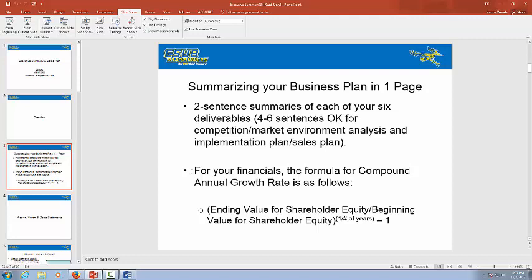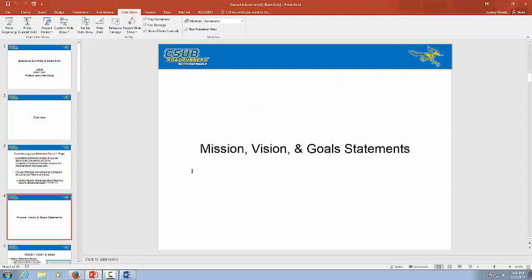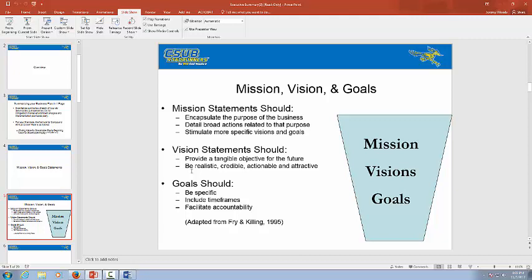So that's your basic executive summary. There are some other elements that go into a more complete executive summary, so I haven't asked you to do these for your deliverable in class, but I'm going to go over them in my lecture as a more complete version of the executive summary. So executive summaries often include mission, vision, and goal statements. So the important differentiation in mission versus vision versus goal statements.